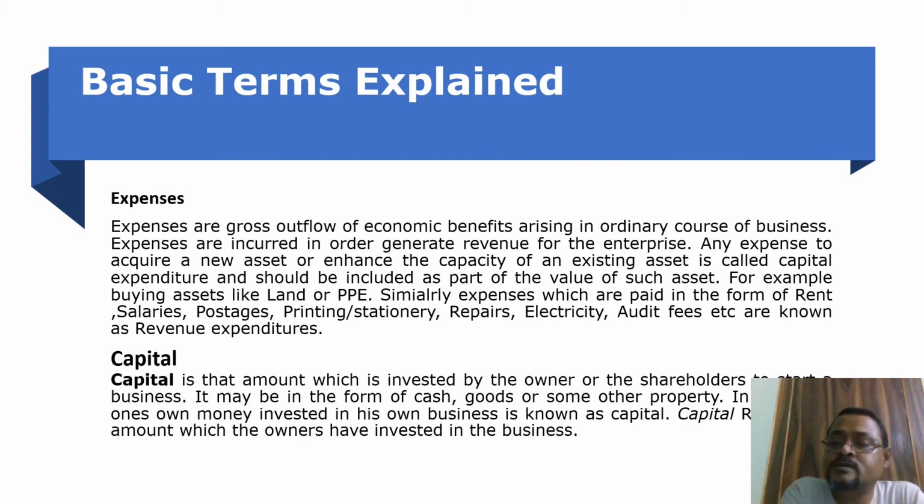But how should I purchase them? Where is the money? I will invest. I will buy. So I am the proprietor. I am the single owner. The single owner is a single proprietor. A proprietor is someone who starts the business by investing money. So I am the single shareholder, single owner, and whatever money I have invested in buying the assets will be categorized as capital.